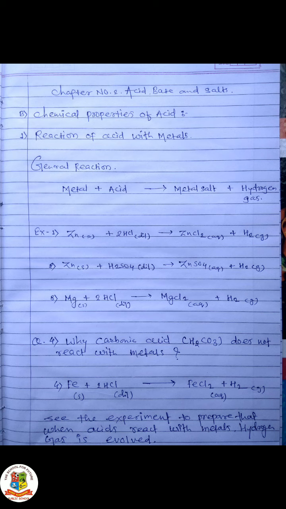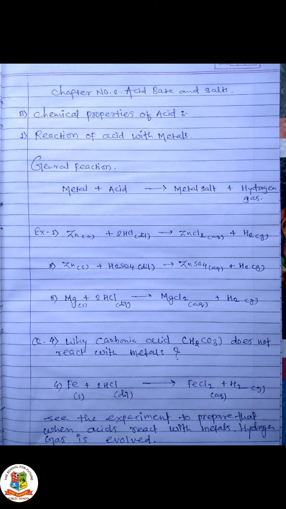Now in the second example, we react the same metal with another acid. Zinc reacts with sulfuric acid, H2SO4, and gives zinc sulfate, ZnSO4, plus H2 gas. So the metal is zinc, the acid is H2SO4, the metal salt is ZnSO4, and hydrogen gas is evolved.